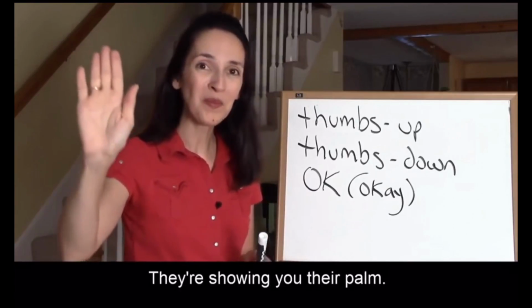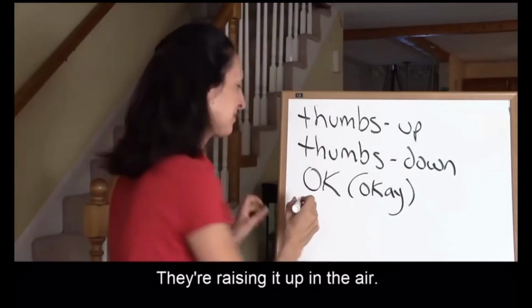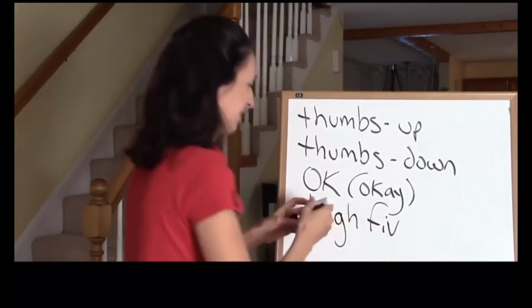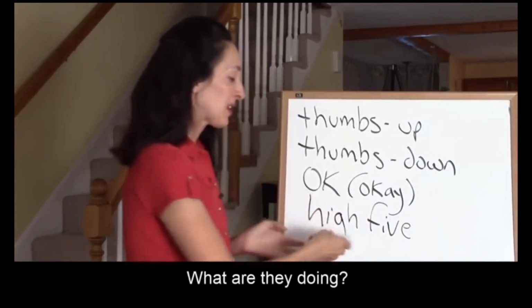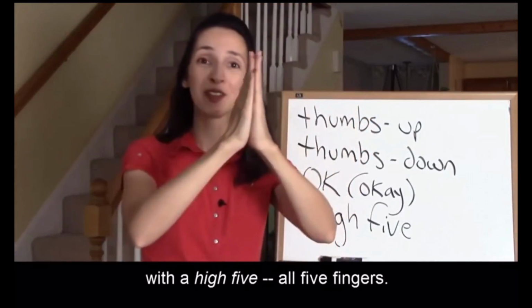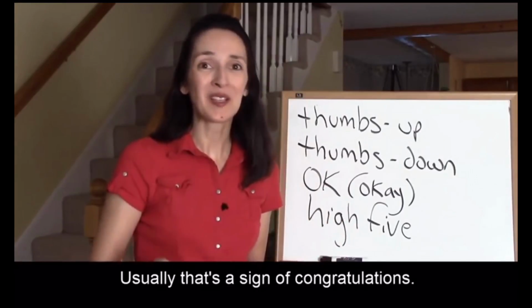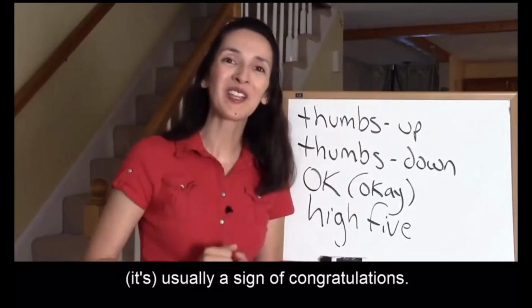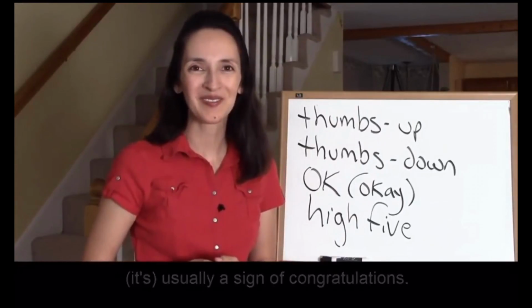They're showing you their palm. They're raising it up in the air. What are they doing? They want you to respond with a high five, all 5 fingers. Usually that's a sign of congratulations. Could be a greeting, but usually a sign of congratulations.